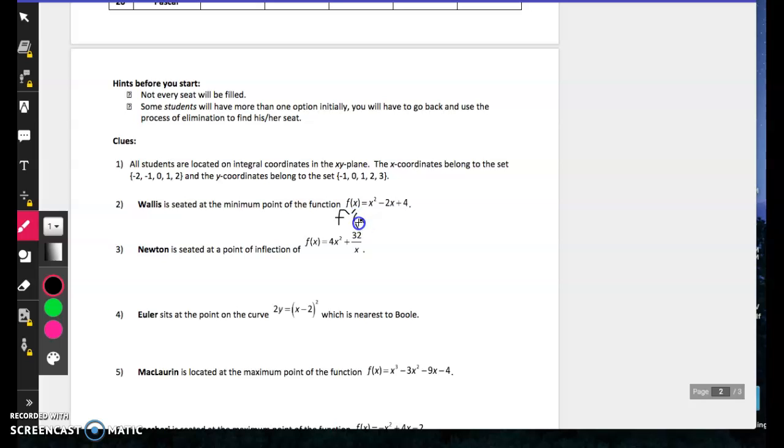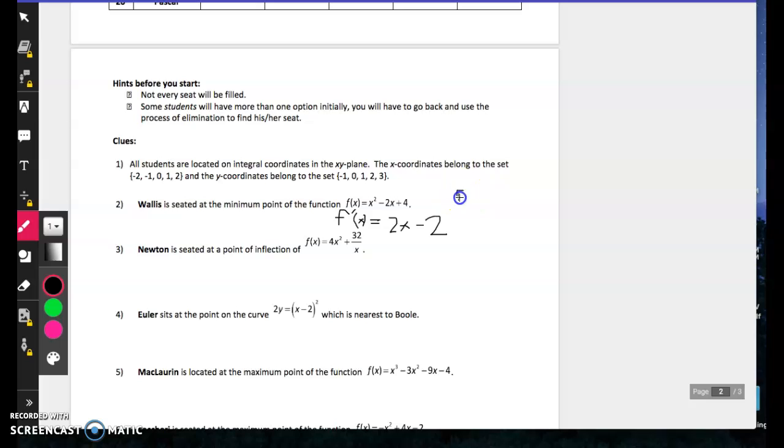Okay, so f prime of x equals, so here's a way to find a max or min. Take the derivative, 2x minus 2, and set that equal to 0, right?